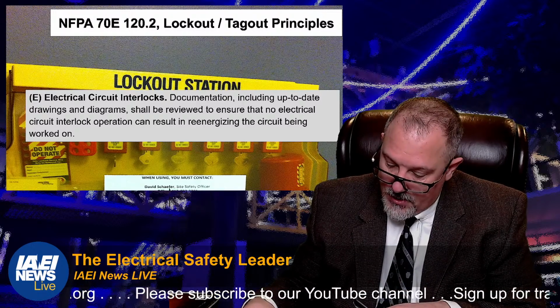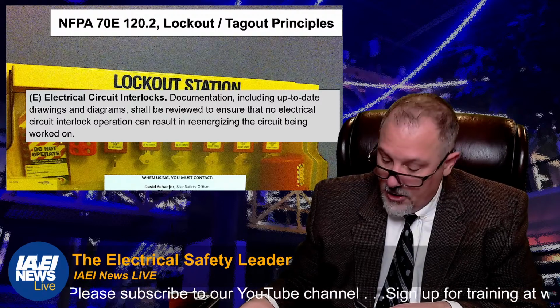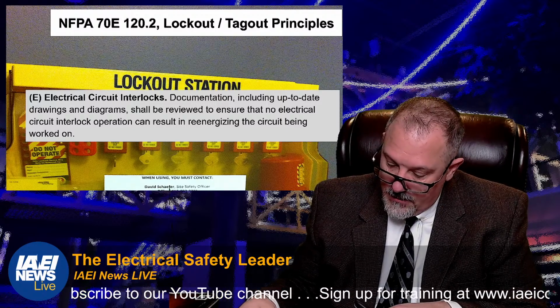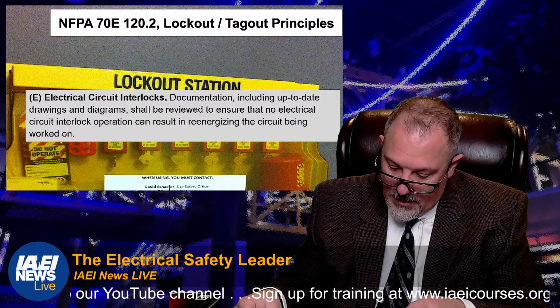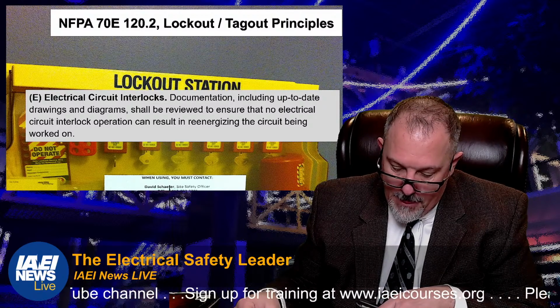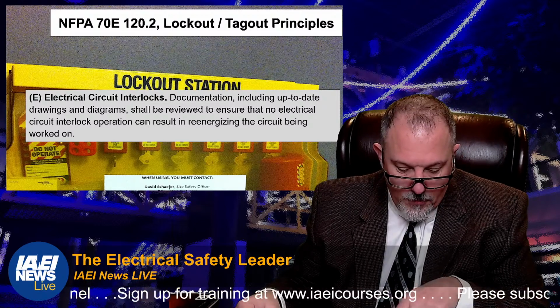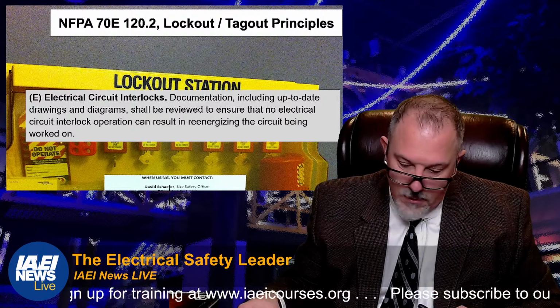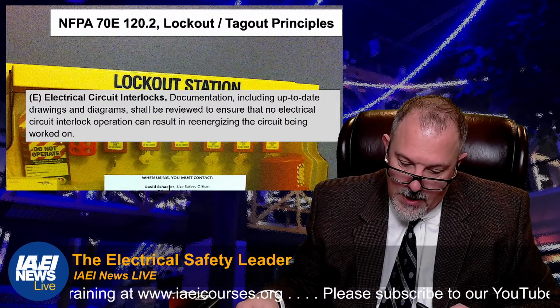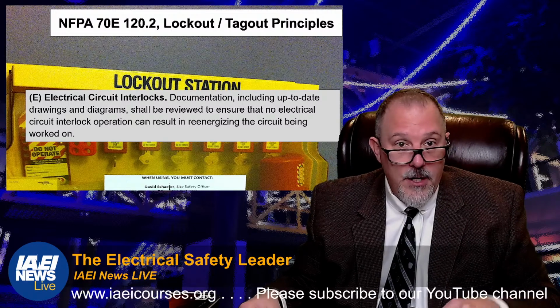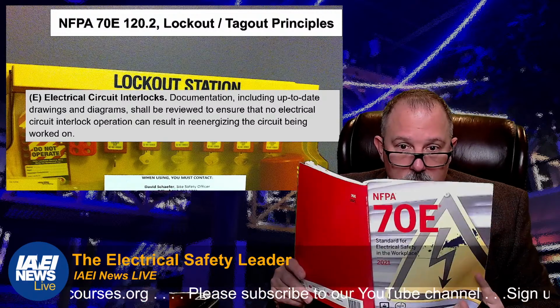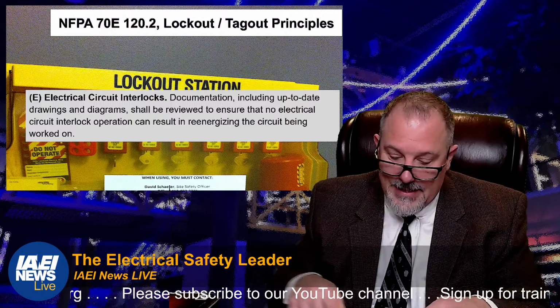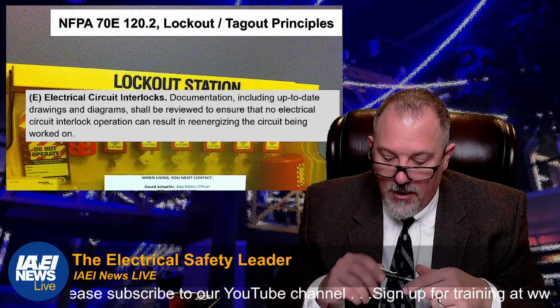Lockout tagout principles. Electric circuit interlocks. That is not in. Oh, principles. Yeah, 120.2. Ground device, electrical, it's D now. So in this version, that is D, electrical circuit interlocks.